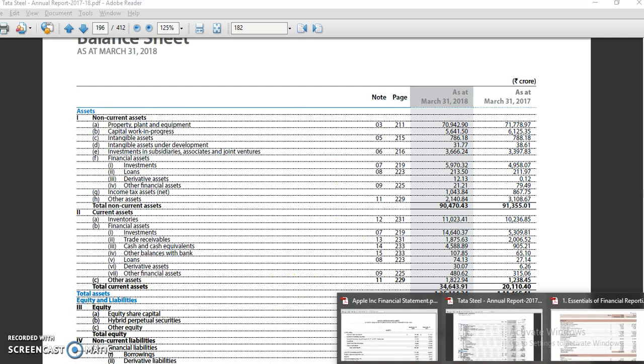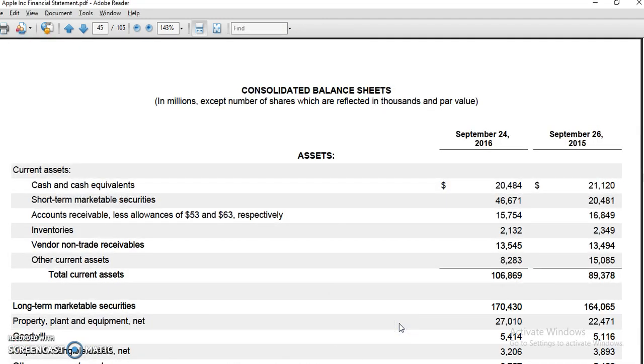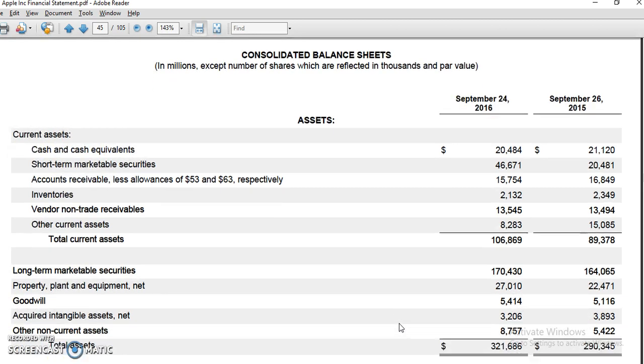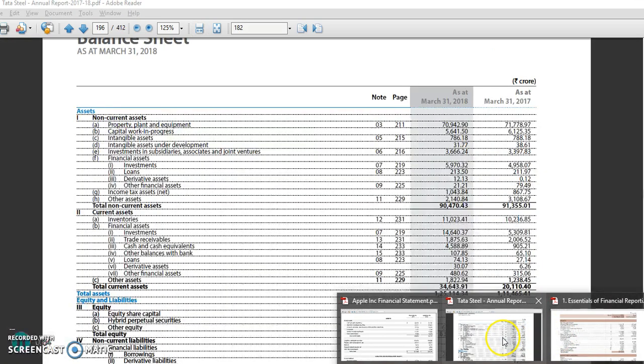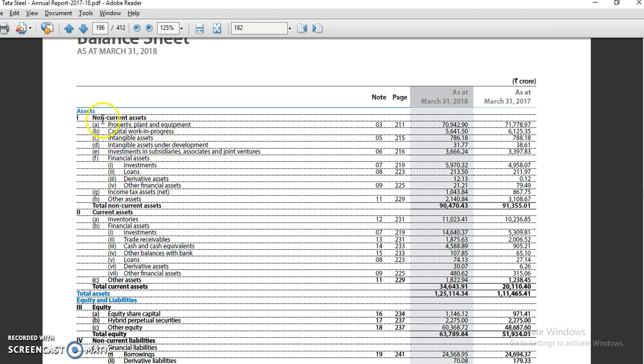Now the next one we are looking at is the balance sheet of Apple. This one has a different format. As you can see, they are showing current assets first, and then the long-term assets and plant and machineries. While in this balance sheet they are showing non-current assets and then current assets, and dividing into financial and non-financial.